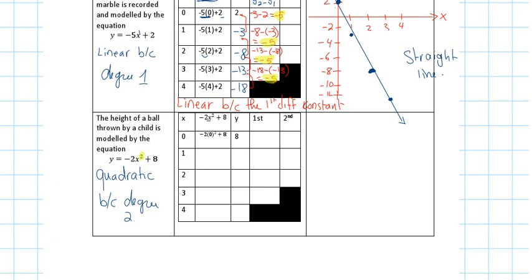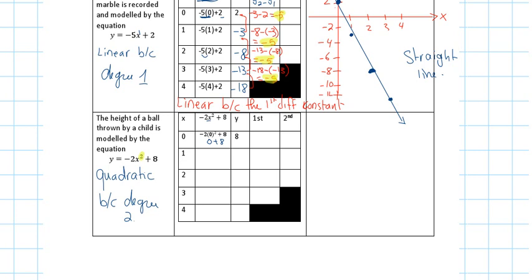Yeah, BEDMAS. After the bracket is exponent. So I have to do the 0 squared. What's 0 squared? 0 times negative 2, that's 0. Plus 8, so that's going to give me 8.